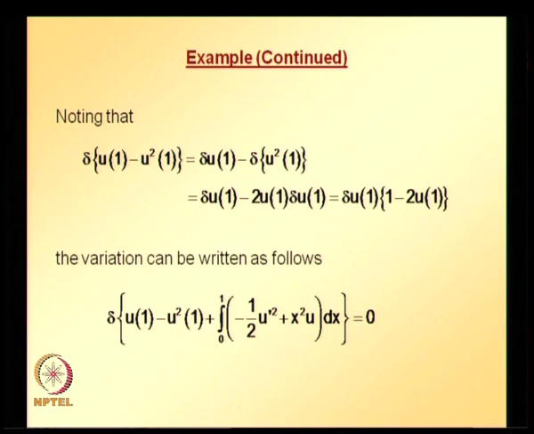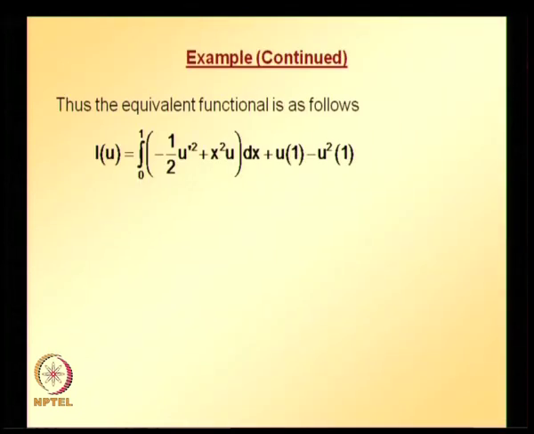So now you have what you want. You want to bring the given problem into the form variation of some quantity inside the bracket is equal to 0. That is exactly what you got. Whatever is inside the bracket is nothing but the equivalent functional, and everything in the bracket is a function of u, so you can denote it with I as a function of u.